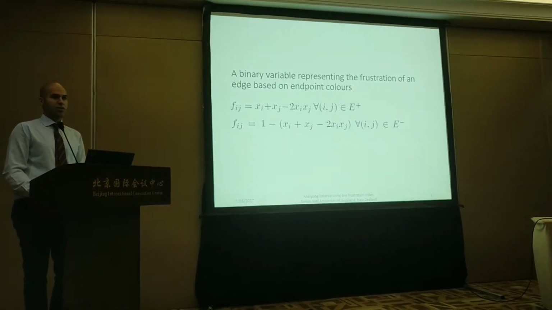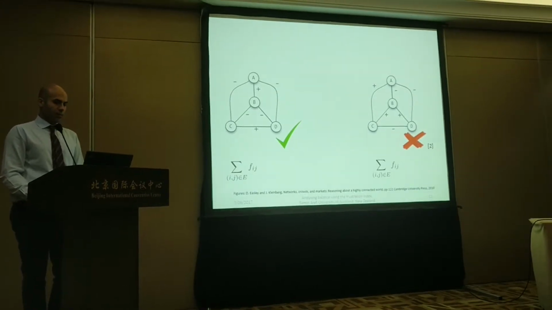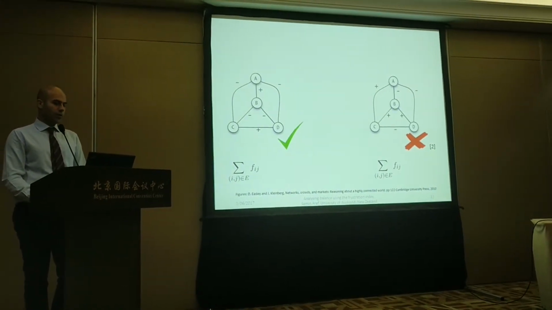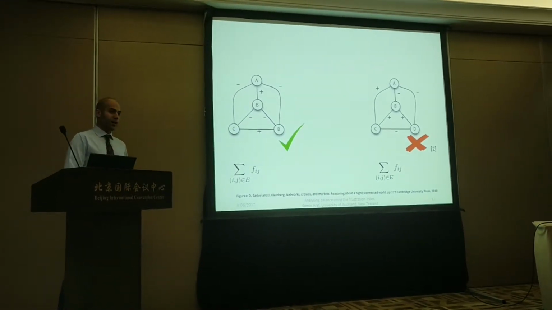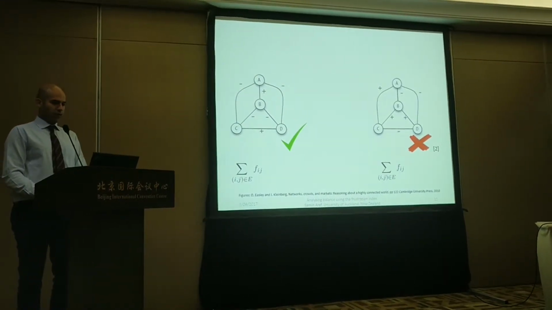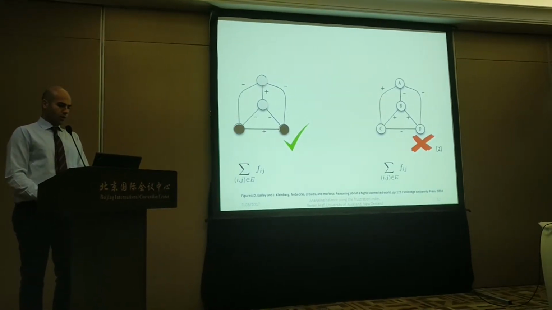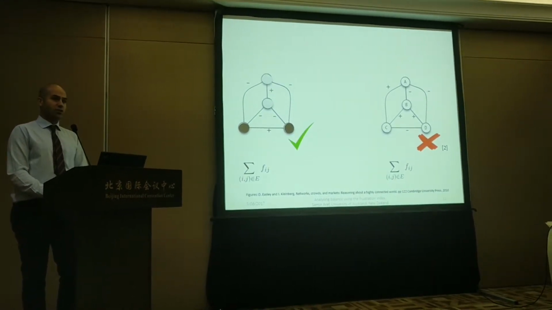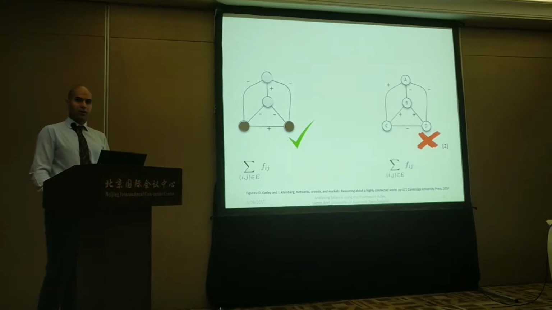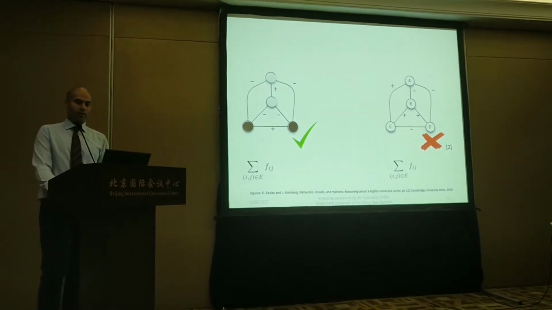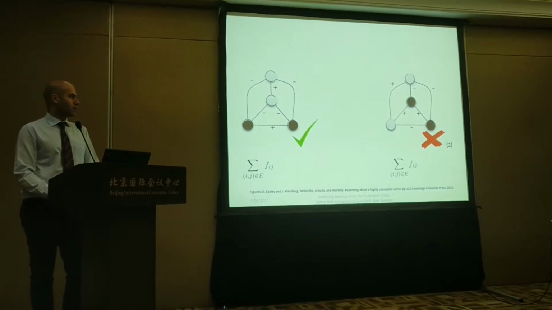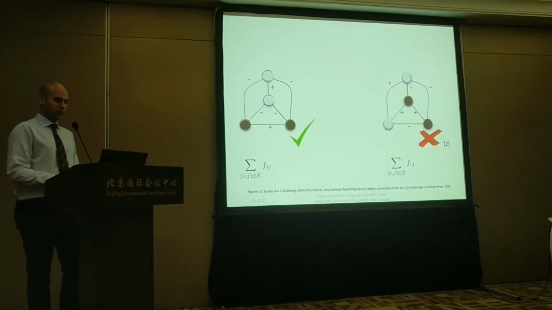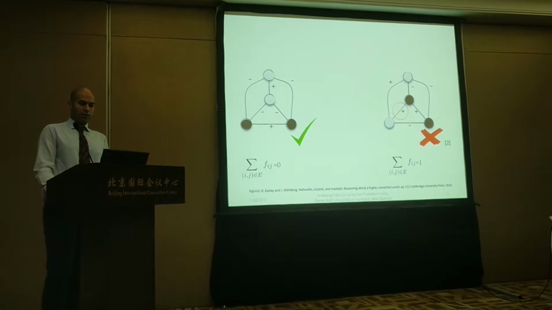We can use this to develop a mathematical programming model. Let's see another example. For this balanced graph on the left, we can color the nodes like this, which leads to all edges being satisfied, or not frustrated. But for the graph on the right, the best coloring we can come up with is this, which makes this edge frustrated.